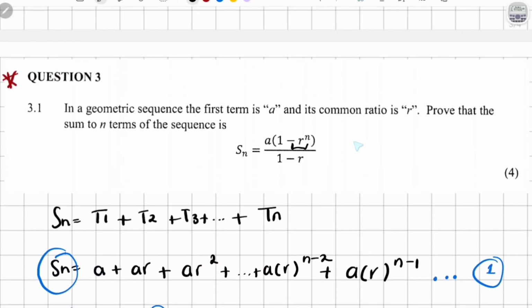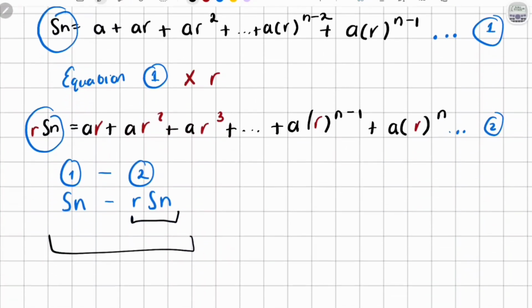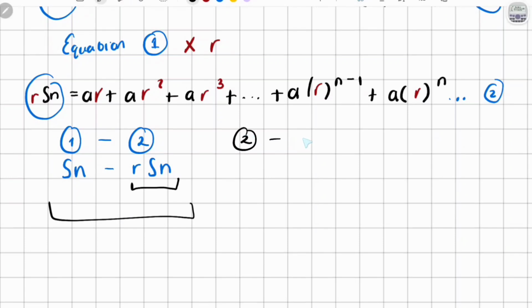They could give you this formula in any way. If you wanted it to look like a bracket r to the power of n minus 1 over r minus 1, then you would have to say equation 2 minus equation 1, because then you would have rSn minus Sn.